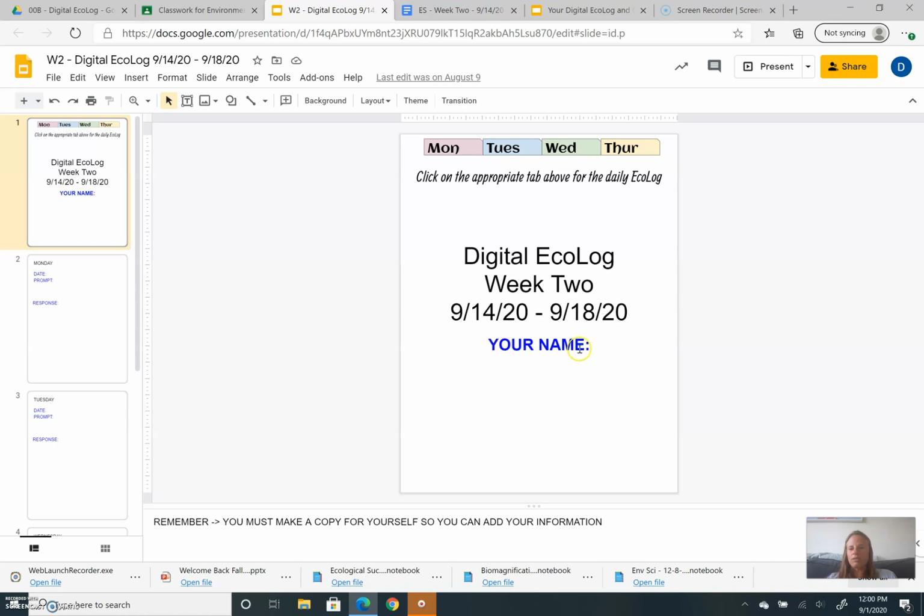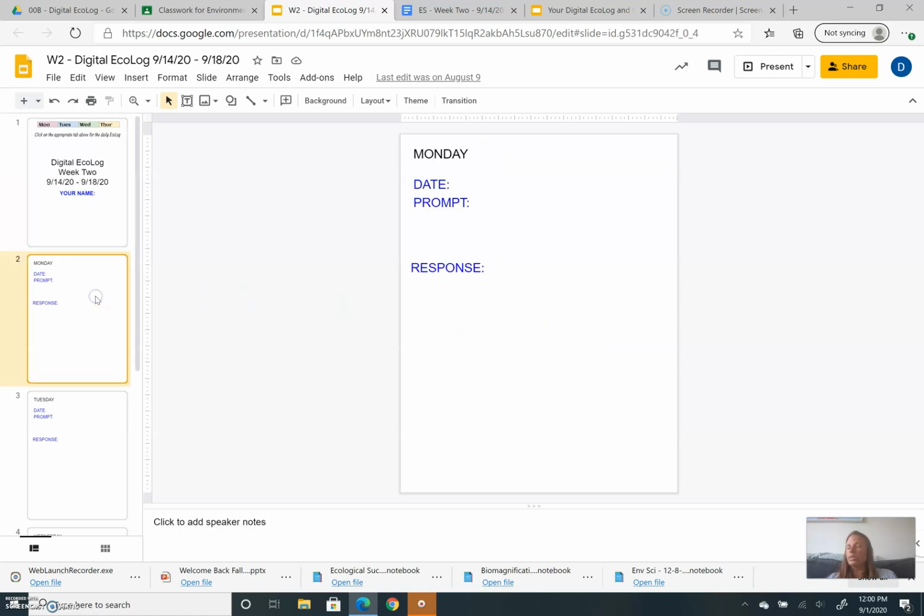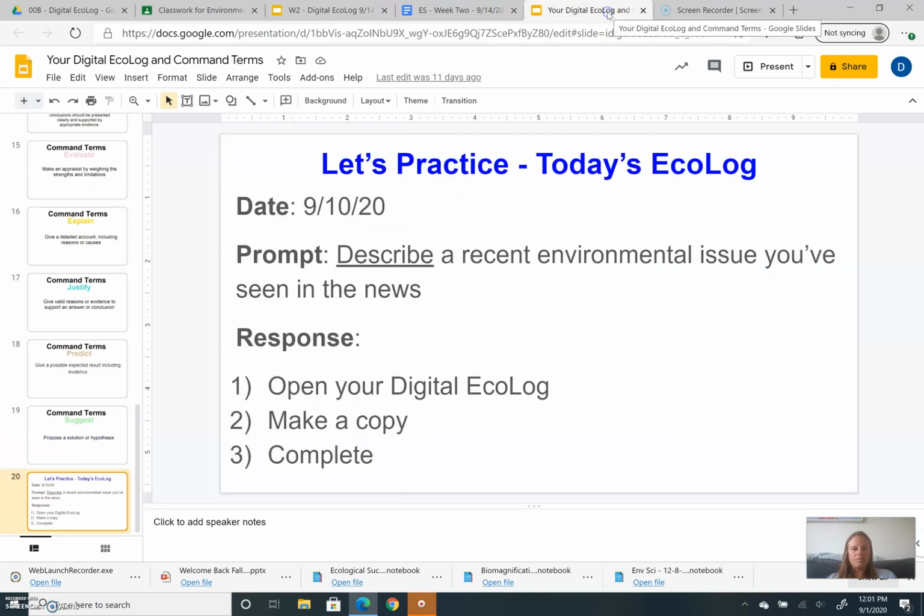On the front, you're going to put your name. We didn't have an EcoLog for Monday. We did have an EcoLog for Tuesday. So what you would do would be to insert today's date, add the prompt, and then type in your response, an at least 4-sentence appropriate response that answers today's EcoLog, which happens to be, let's go back quickly, describe a recent environmental issue that you've seen on the news.